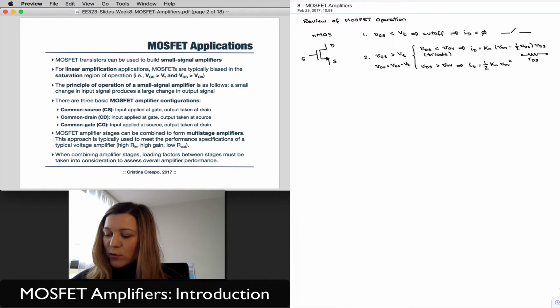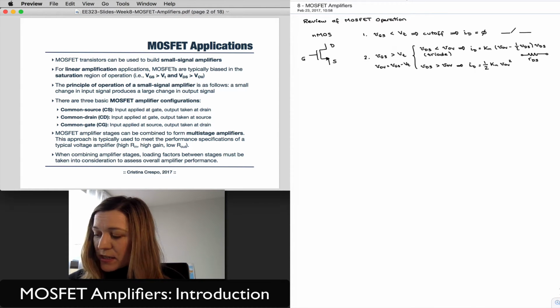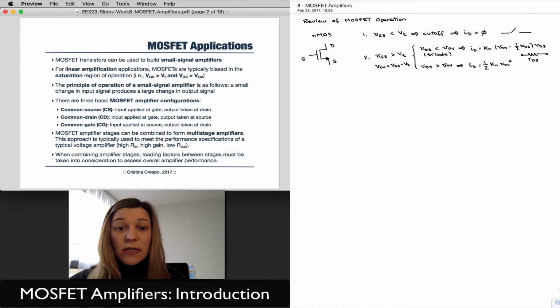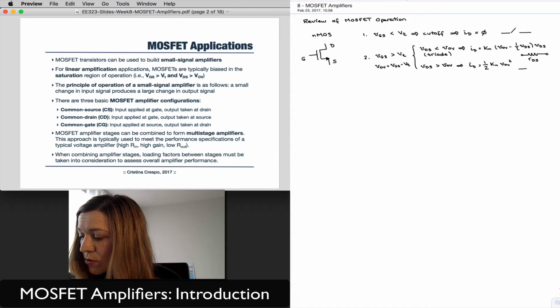And again, the overdrive voltage is VGS minus VT, and so there is a relationship between ID, the output current, and VGS, the input voltage. And in that case, we model the transistor as a current source because the current becomes constant with further increases in VDS. And so the model for that will be that of a current source where current flows from drain to source.